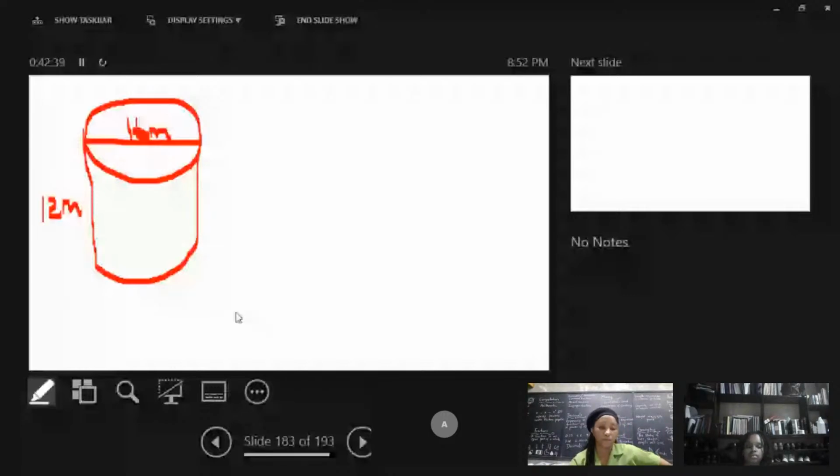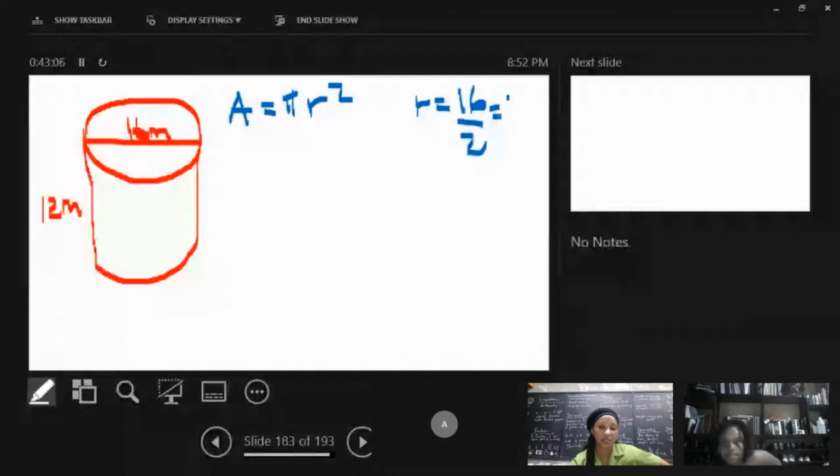So we're going to find the area of the circle. So the area of the circle, that's pi r squared. And the radius is half the diameter. So the radius is 16 divided by 2, so that's 8 meters.